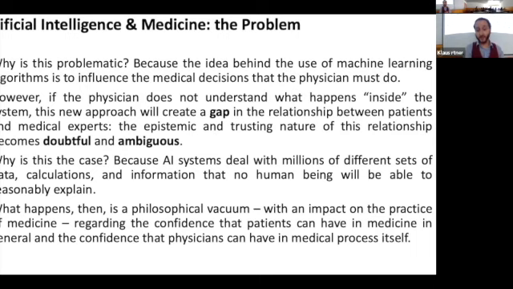Now this is the interesting paradox: the idea that doctors have a moral obligation to trust a system because it's more efficient and accurate than they are, to trust a system that they do not understand. And this is the paradox that I think we need to deal with.